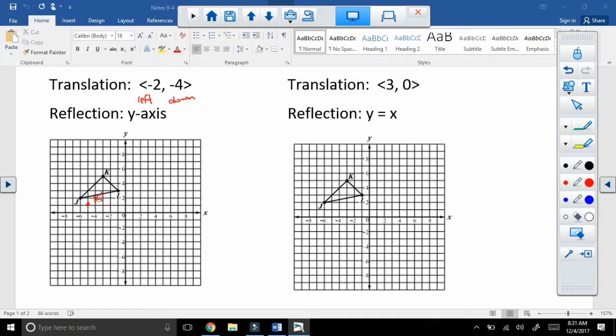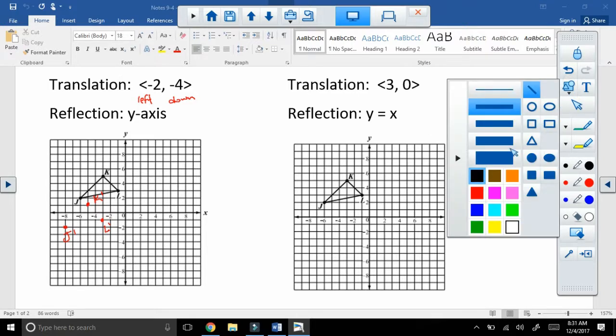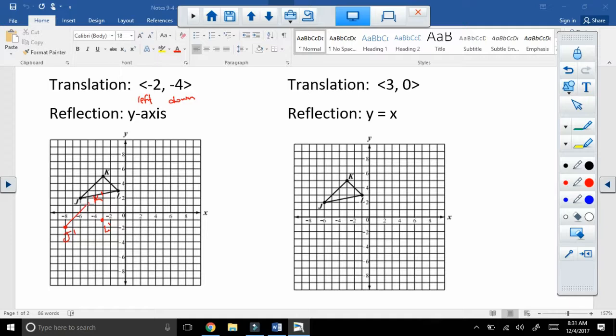This first one would be K prime, left 2 and down 4. We have J prime, and left 2 and down 4. There's L prime. Then you can draw your triangle in. If you want to use a ruler, that's great, or some other sort of straight edge.